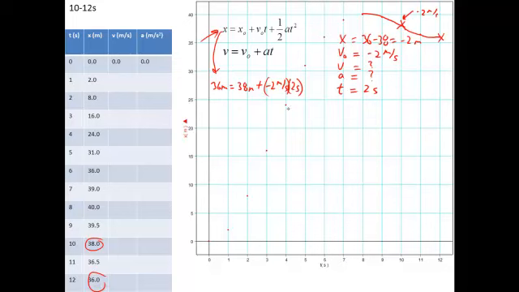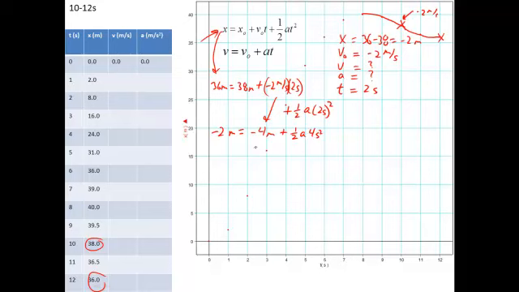I'll put it down here, plus 1 half a, which I'm solving for, times t squared, 2 seconds squared. So if I subtract 38 from both sides, I'll get negative 2 meters on this side. Negative 2 times 2 is going to give me negative 4 meters. And then over here I'm going to have plus 1 half a times 4 seconds squared.